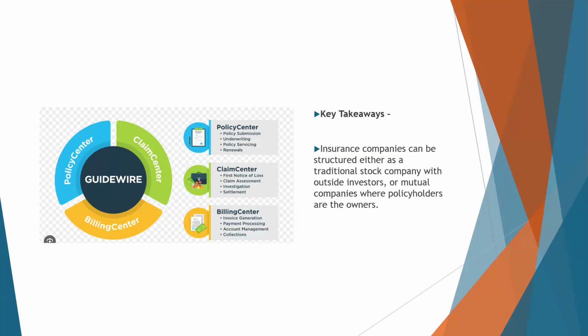The moment I said these are three different systems which are required by an insurance company, right? For example, ABC person is taking a policy from XYZ company, number one step, that person is securing his or her risk, like taking auto or home as an example. After that, the ClaimCenter and BillingCenter.